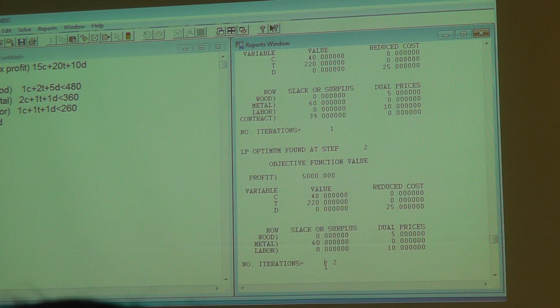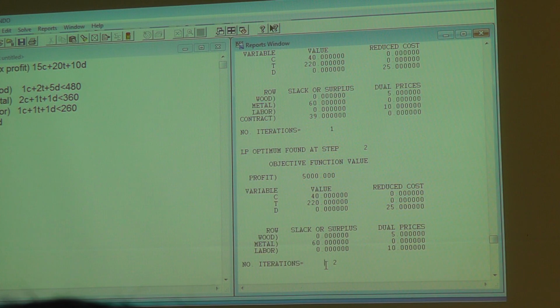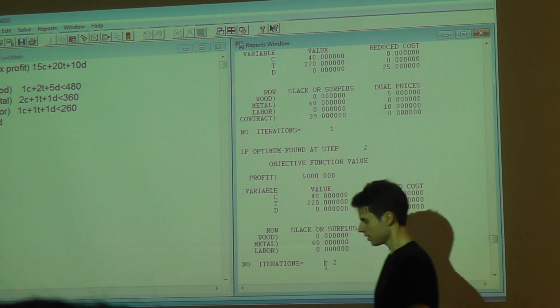Say, the profit of 15 that you derive from the sale of a chair is only an estimate. You don't really know what it is. You say it should be about 15. But it might be interesting what happens if this profit is, say, 20 or 10. Will it change the optimal solution? If it will, how much will it change it?